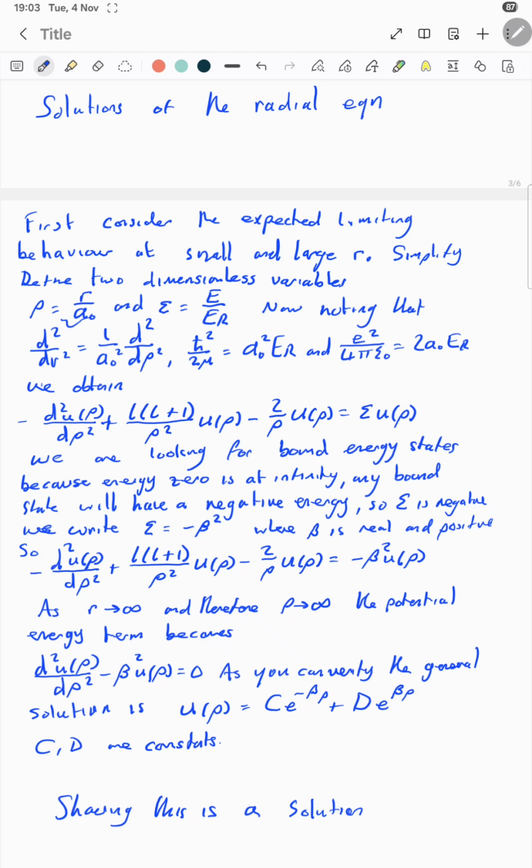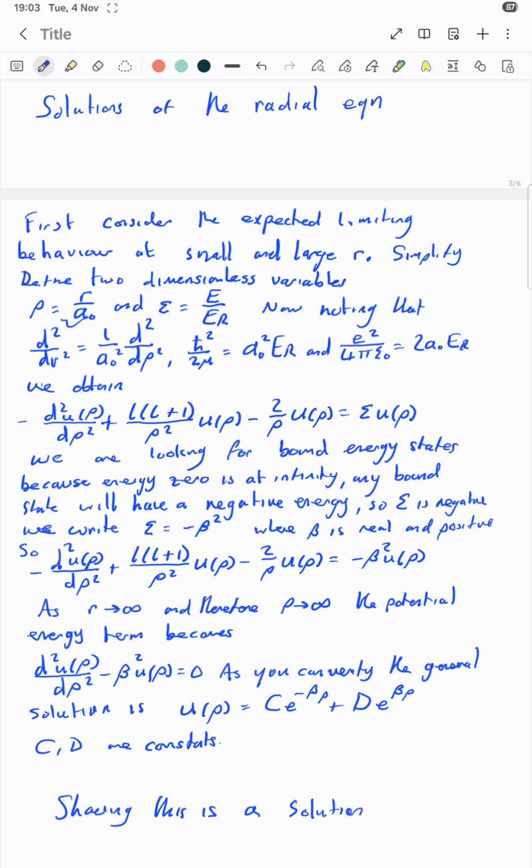This comes up within polynomial solutions, a polynomial multiplied by this. What are these polynomials now? I think they're Laguerre polynomials.